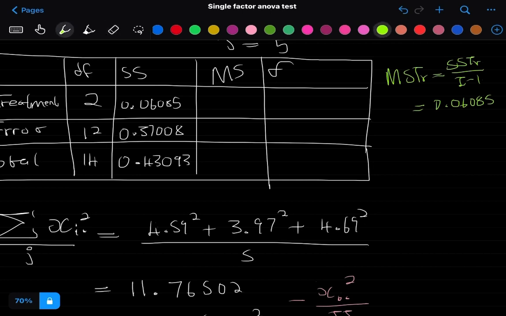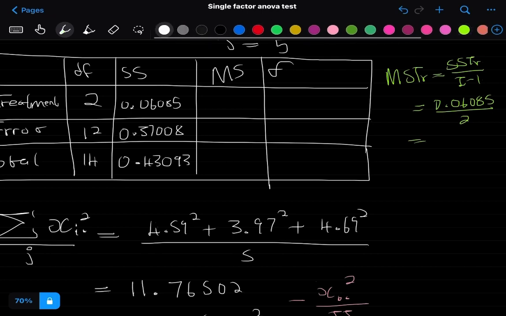So divide by 2, which will be 0.0304 rounded.